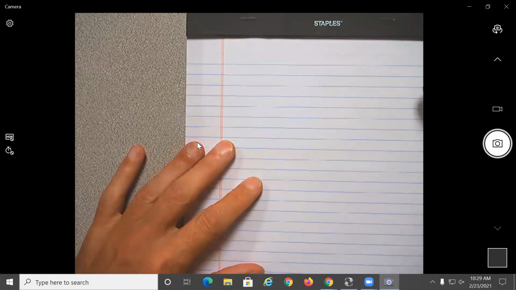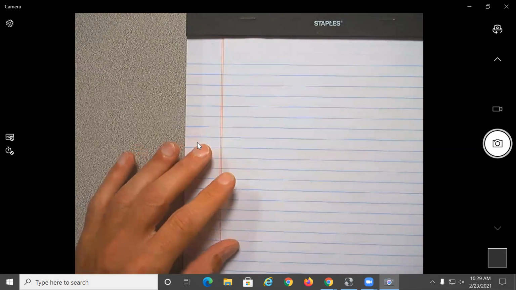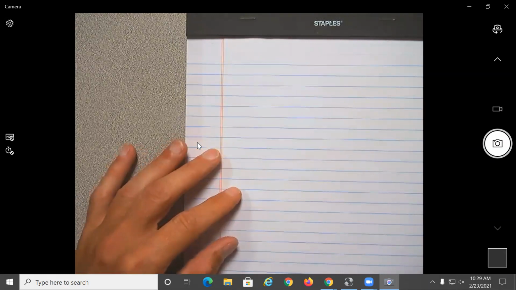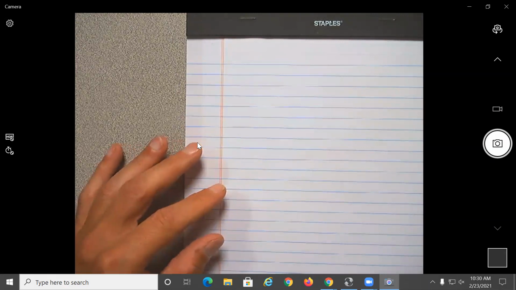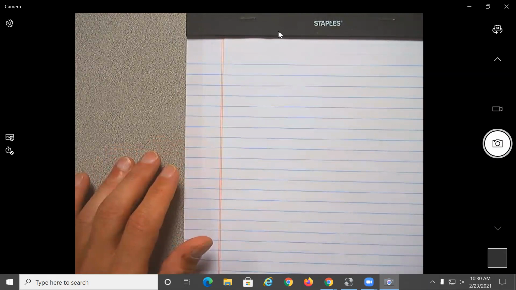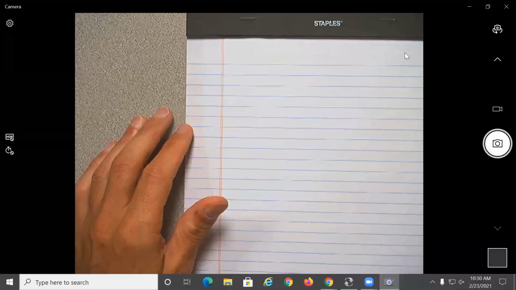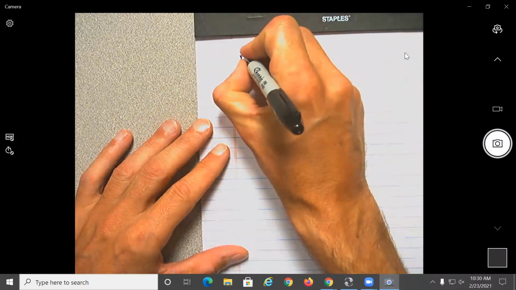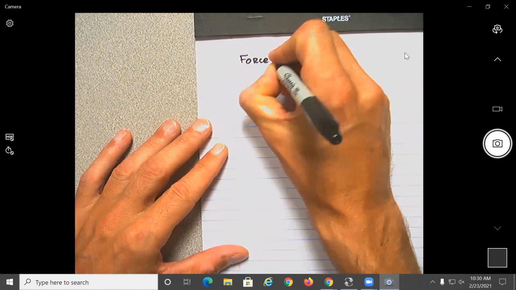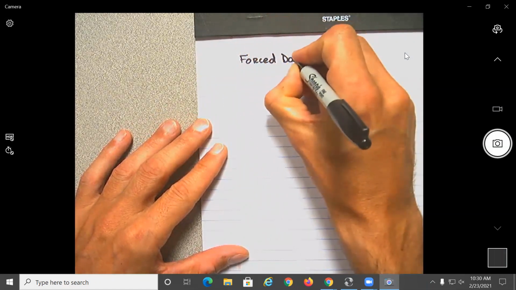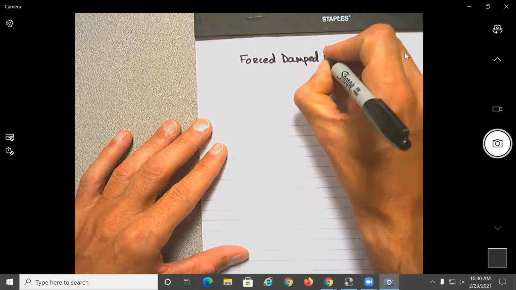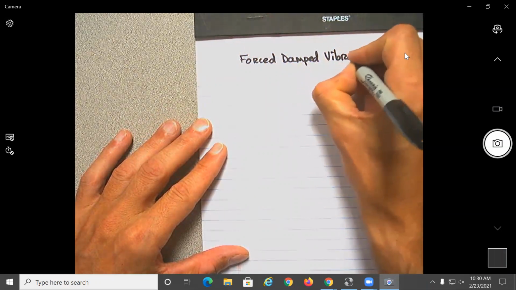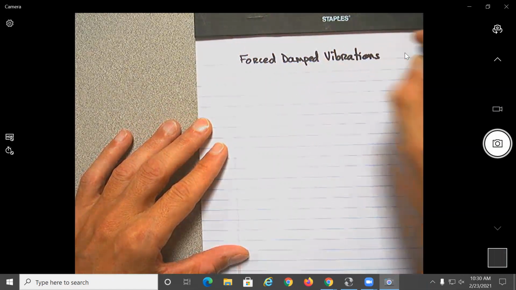We need to go to page 59. There we go. Forced damped vibrations.